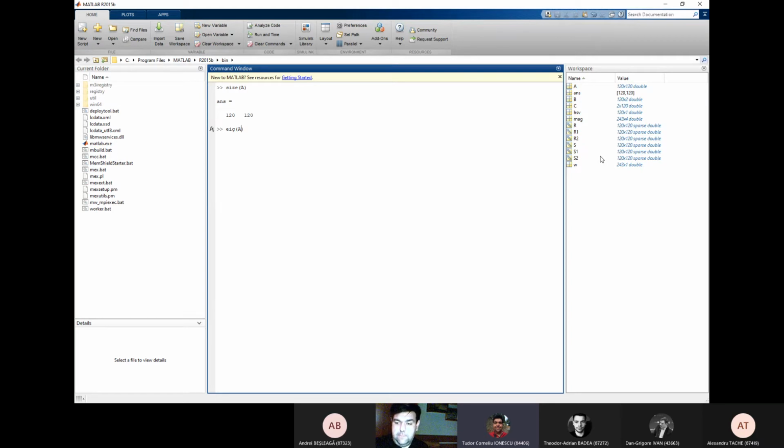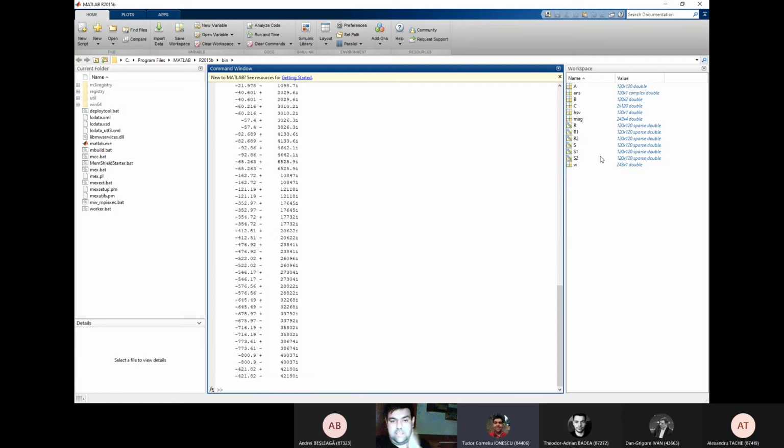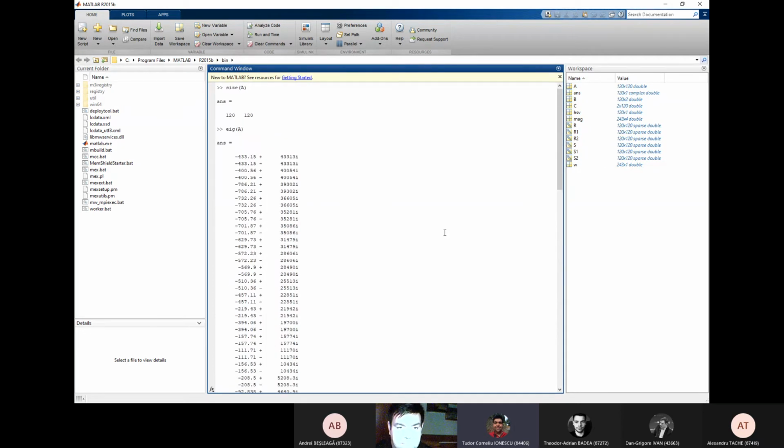Eigen in Dutch, and eigen in German, means own, its own value, eigenvalue. So eig of A is the set of eigenvalues of the matrix A, as you can see here.